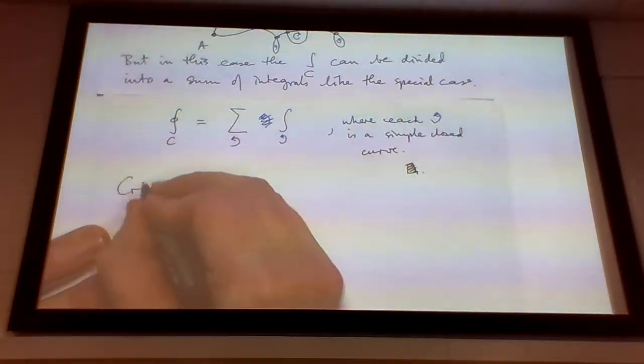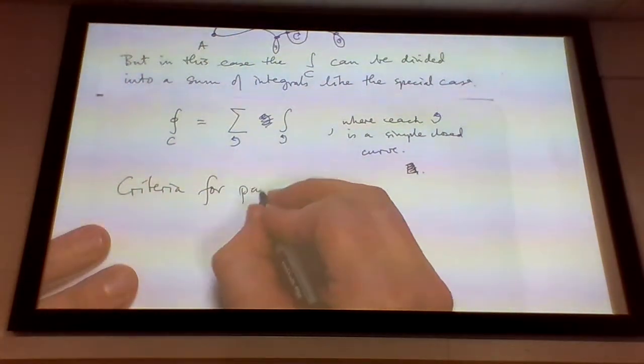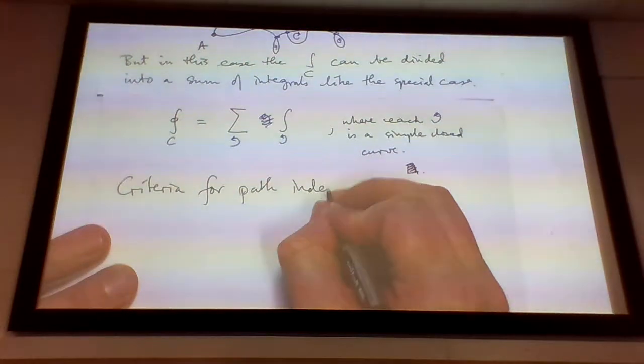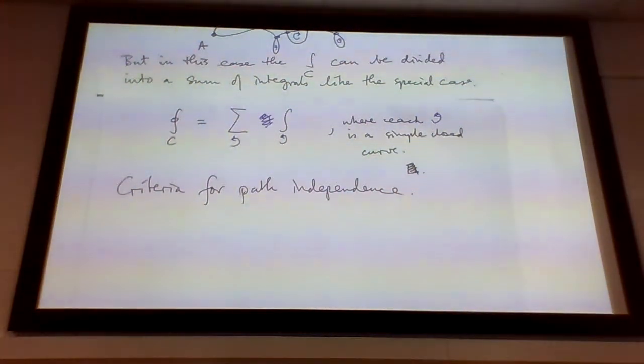Okay. So we have this criteria for path independence. Path independence was this property of certain integrals, certain linear differential forms, when it didn't matter along which path you made the integral, between a certain start point and a certain end point.